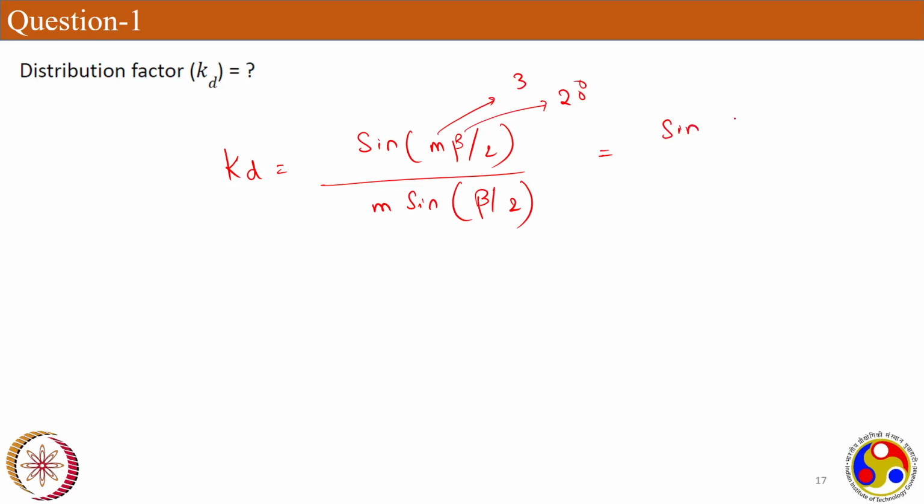So sine 60 by 2, that is sine 30, divided by 3 sine 10.